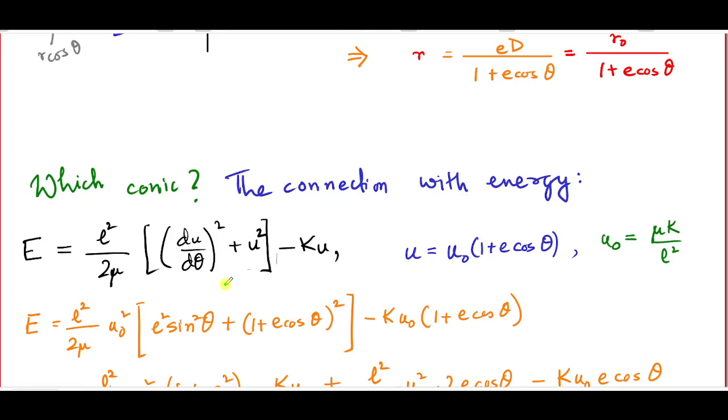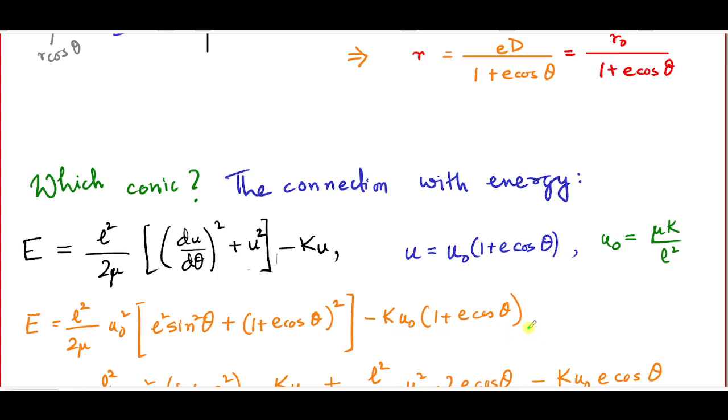If you take the u0 square term common out from this bracket, you get L square over 2 mu u0 square. Du d theta whole square gives you an e square sine square theta, and u square gives you a (1 plus e cosine theta) whole square. This is this particular term, to which you have to add the potential energy term, which for this solution is minus k u0 into (1 plus e cosine theta).